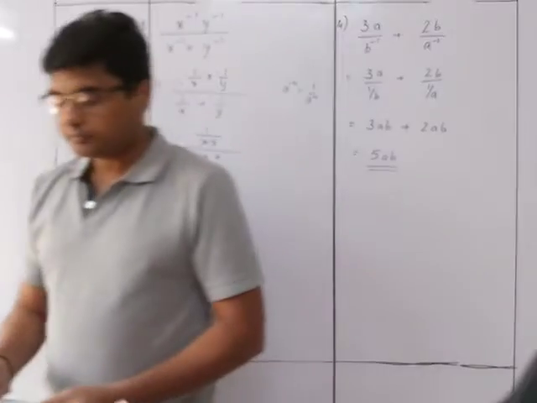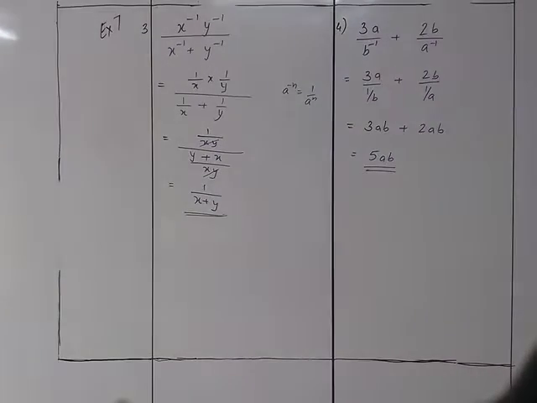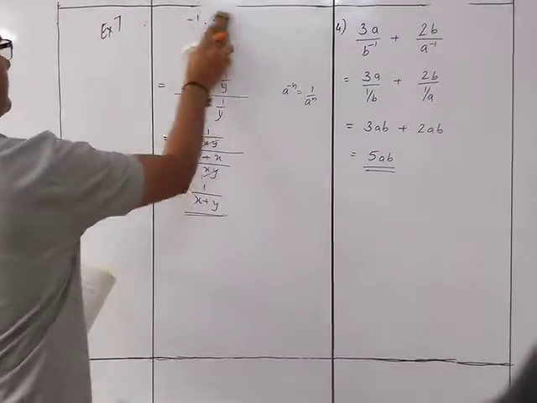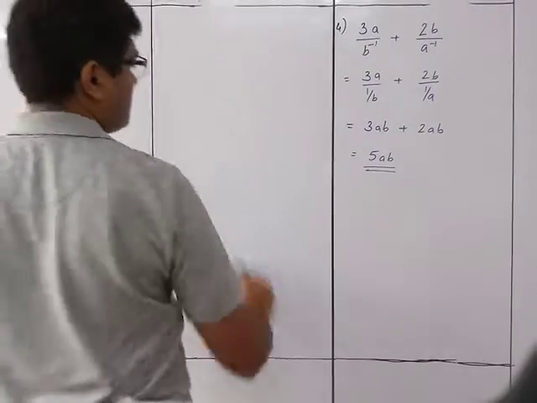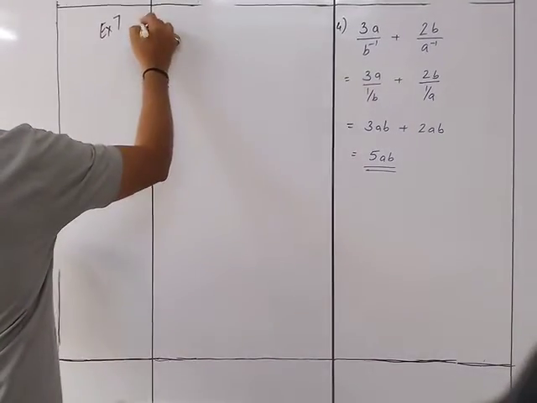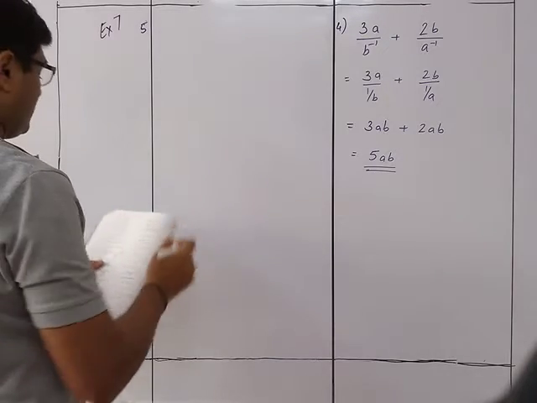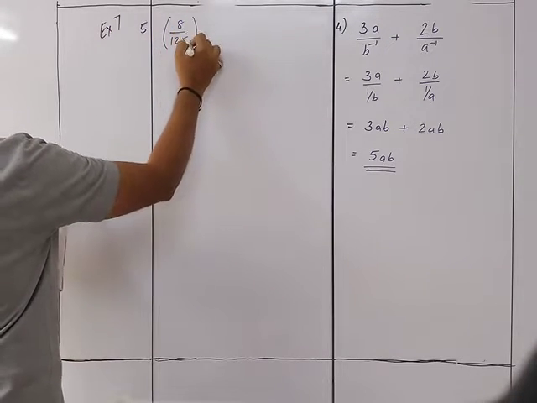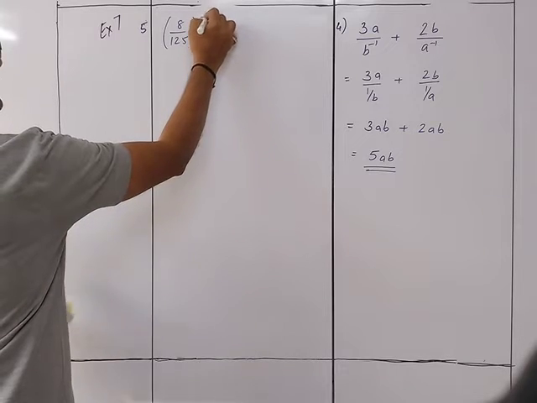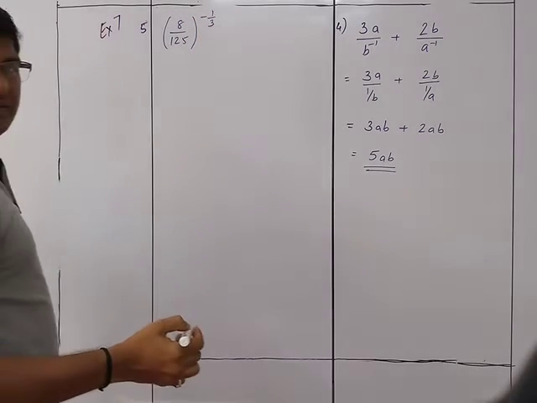Okay, exercise 7. Sum number 5. (8 upon 125) whole raised to minus 1 upon 3. Very easy sum.